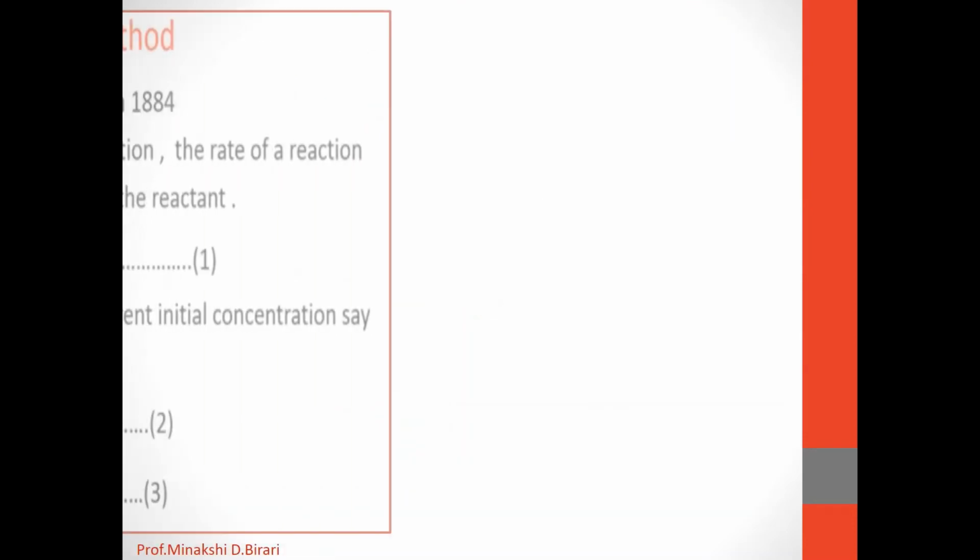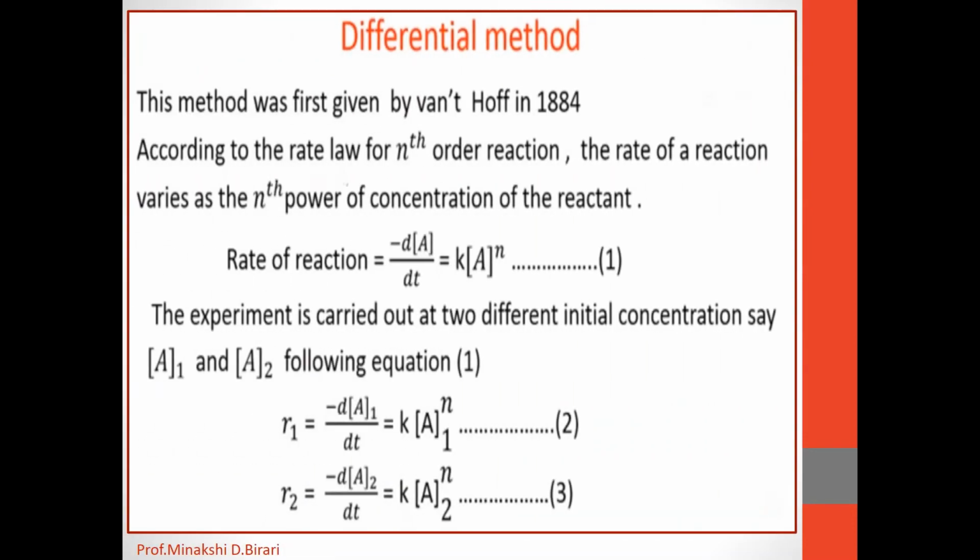Now the next one, that is differential method. This method was first given by Van't Hoff in 1884. According to the rate law for nth order reaction, the rate of a reaction varies as the nth power of concentration of the reactant.